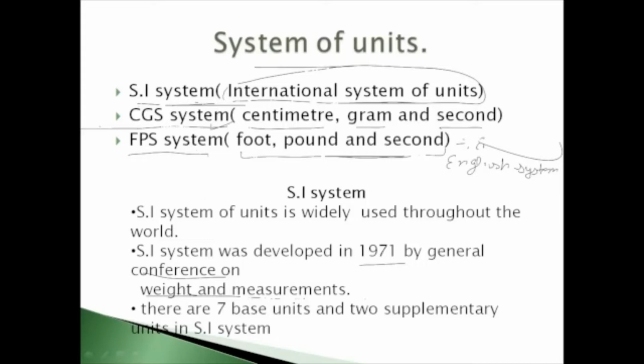Similarly, we also have other systems in the entire world. But to avoid confusion during measurements and checking results, the conference on weight and measures decided on a system of units which is known as SI units.